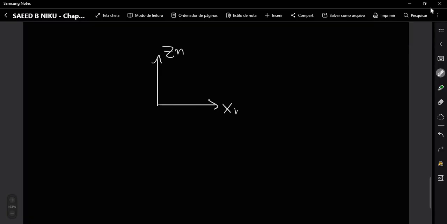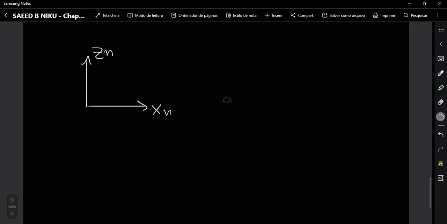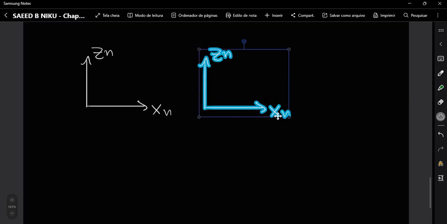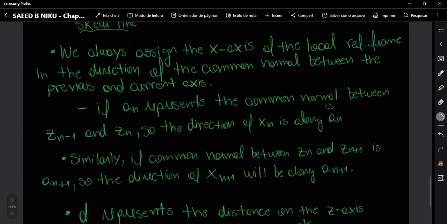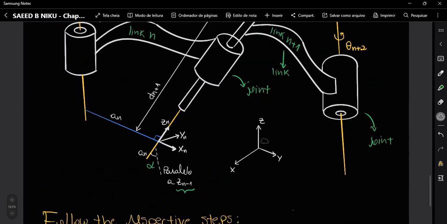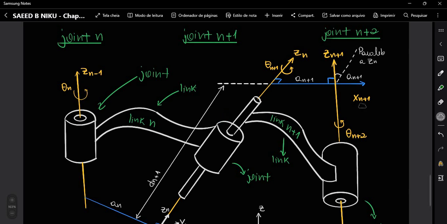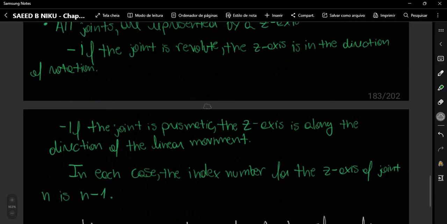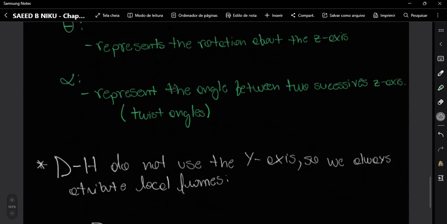And xn, and the order is, of course, zn minus 1, zn, xn minus 1. Let me see. We got xn plus 1, zn plus 1, we got zn, we got zn minus 1 also. So I think, is that right?